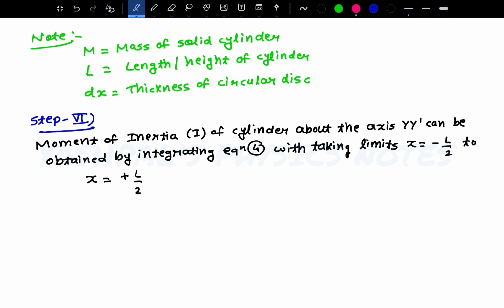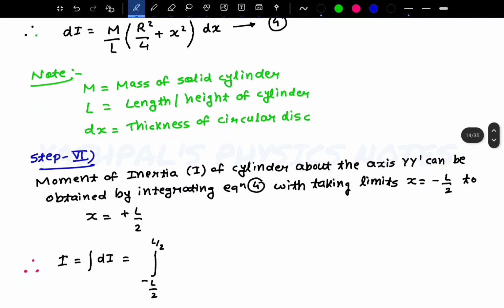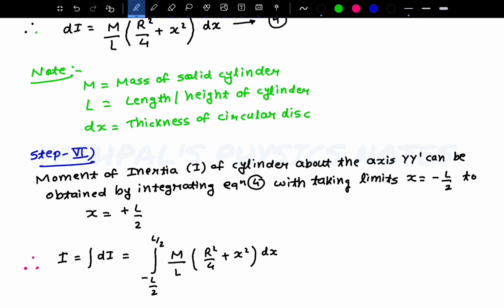So let's integrate. Here I am writing, therefore, I, that is nothing but the integration of dx, and we are considering limits from minus L by 2 to plus L by 2, and I am writing this equation m by L into r square by 4 plus x square into dx.